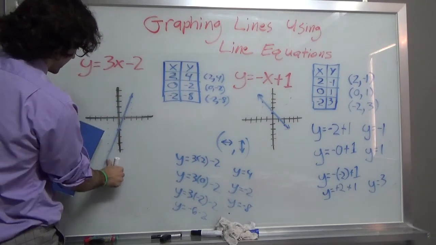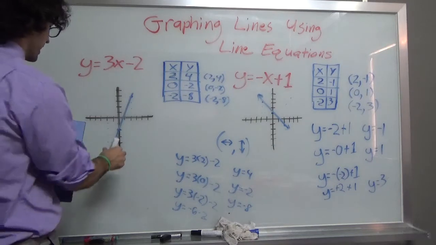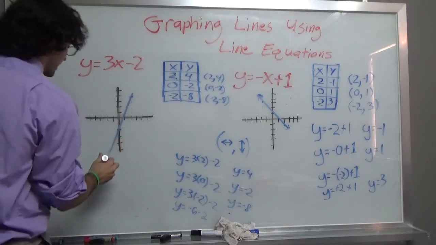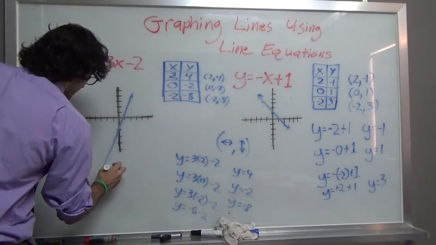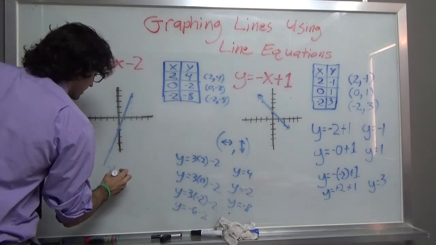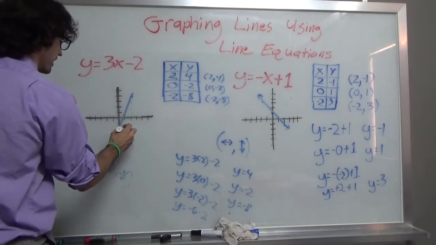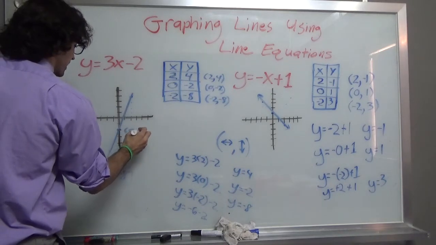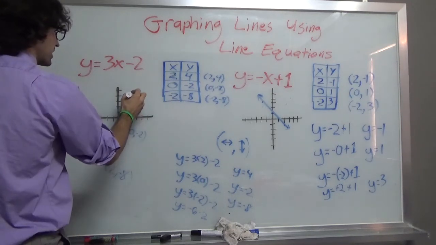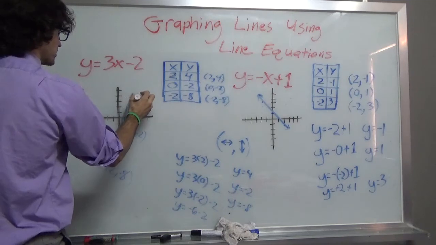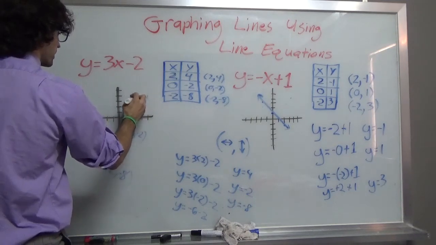Maybe I didn't draw things perfectly, but let's just say it contains point (-2, -8). Down here, it contains point (0, -2), and it contains point (2, 4).